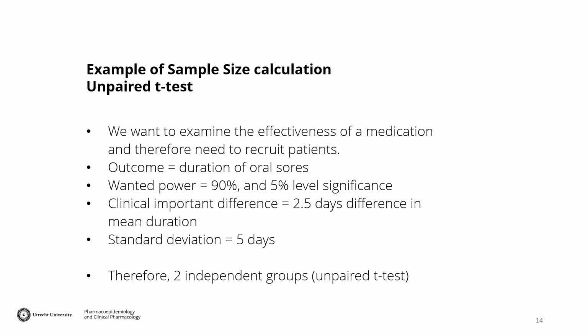We think that the clinically important difference in the duration of oral sores is 2.5 days difference in the mean duration, and we know that there's a standard deviation of 5 days. We have two independent groups: a group that takes the medication, and another group that doesn't.